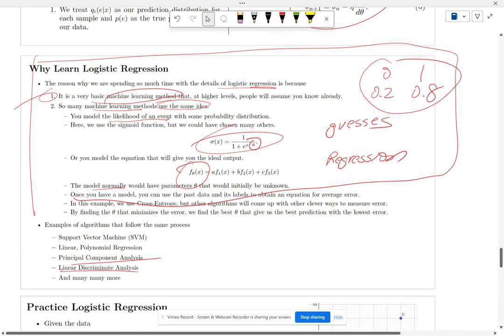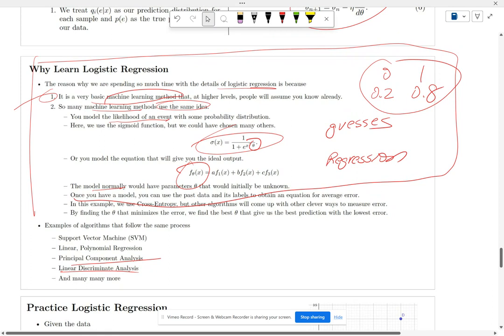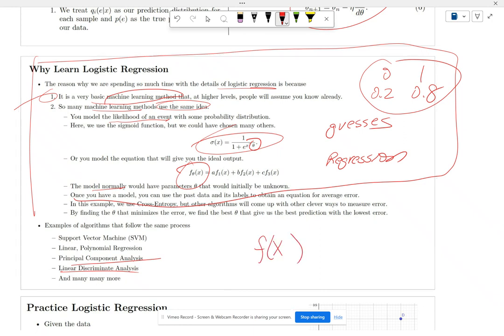So the pattern I hope you will recognize is, chances are we're trying to make some prediction. In order to make that prediction, we need to identify a function where we can put in an input that gives us the desired output. But finding this function is really hard, whether it's a probability distribution or some other function.